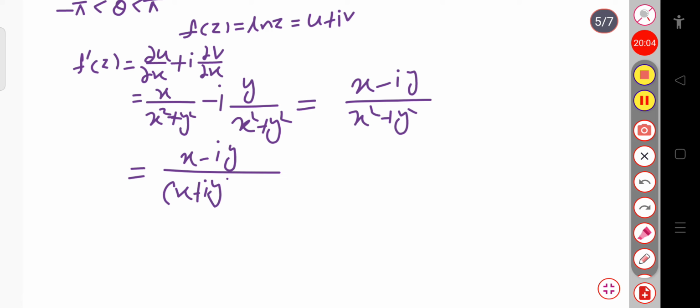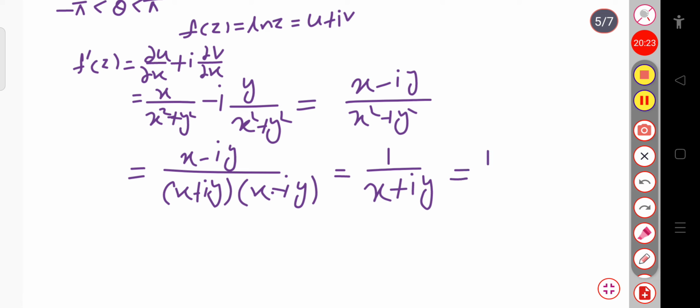So x − iy with x − iy gets cancelled. The remaining term will be equal to 1 by x + iy. This is f'(z), or we can say that this is nothing but 1 by z.